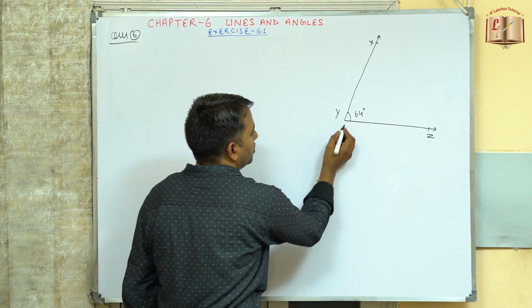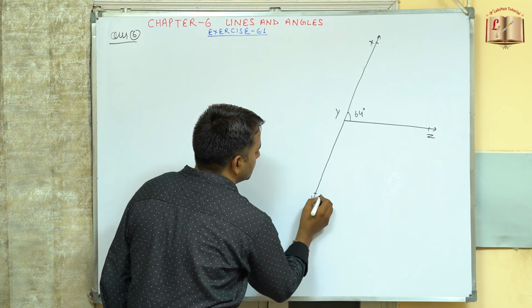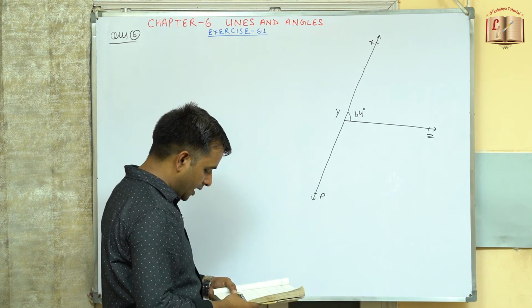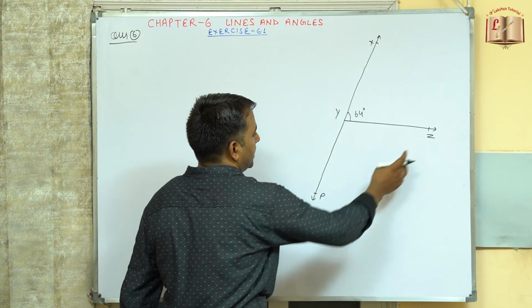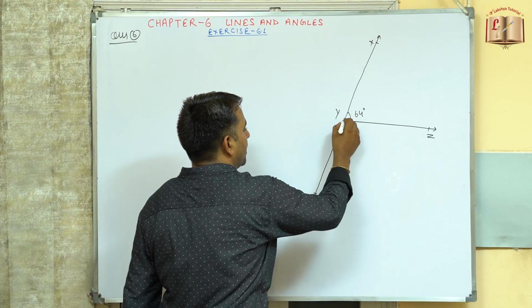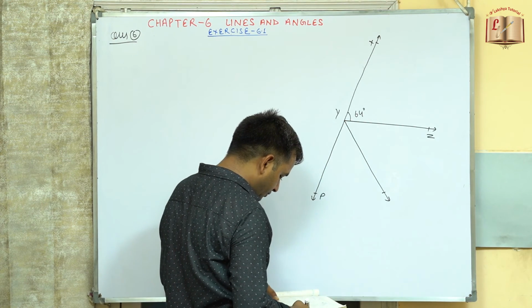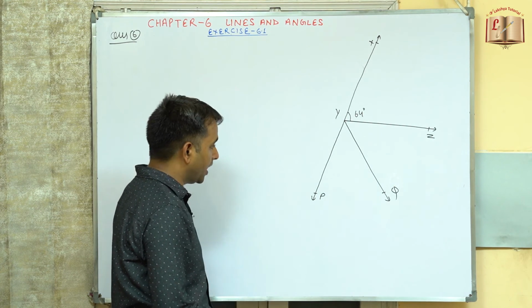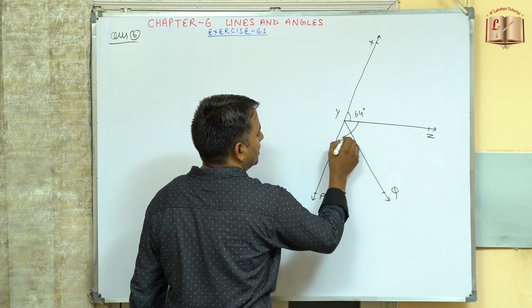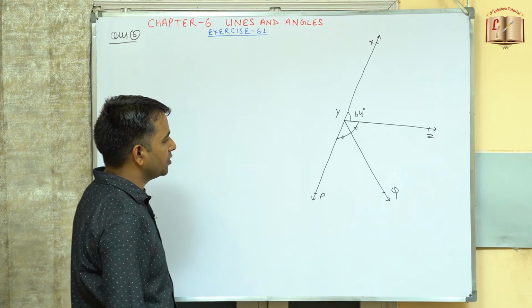XY is produced to P, this is point P. YQ bisects angle ZYP, and this is point Q. So this part will be equal to this part because YQ is the angle bisector.